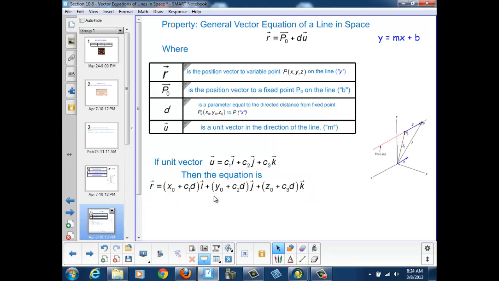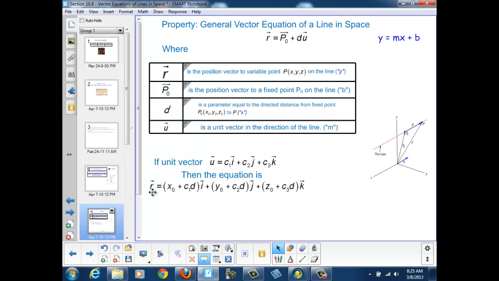So x0, y0, and z0 are our starting value. That combination of information is just like our b, or y-intercept, in a 2-dimensional space. And then c1, c2, and c3 are our slopes in the x, y, and z direction, i, j, and k. And then d is our common variable.